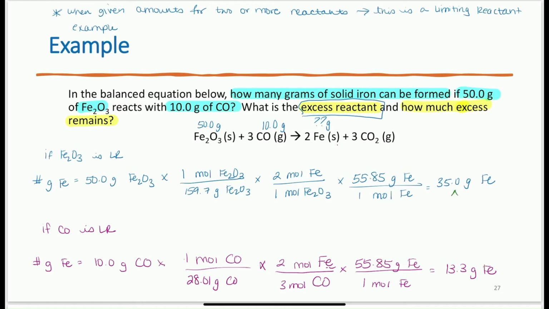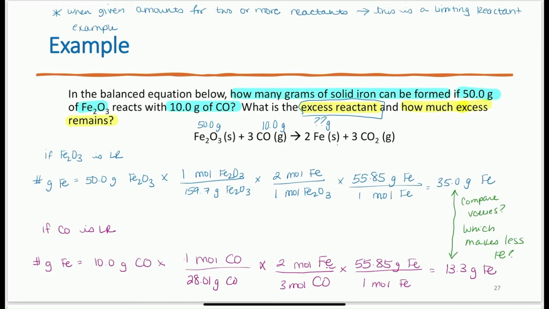Now I can compare these two numbers and see which one makes less iron. This is why the other method is a little better for students who lose track of where they're going, because in this one, you have to remember to convert both, then compare them, and we're still not done.